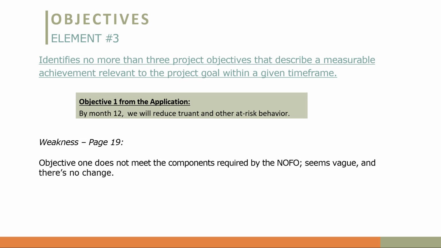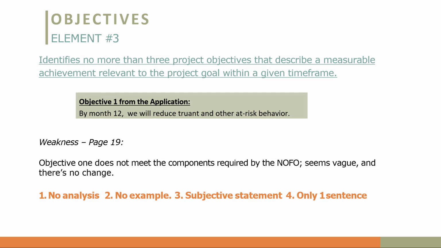The panelist responds by saying this is a weakness because objective 1 does not meet the components required by the NOFO, seems vague, and there's no change. The trouble is, this statement has no analysis, no example, sounds like a subjective statement, and is only 1 sentence in length.